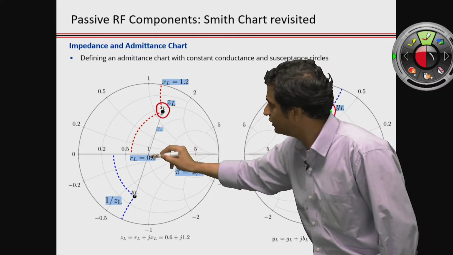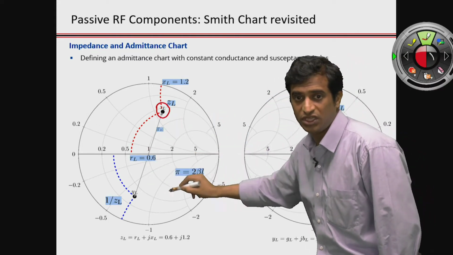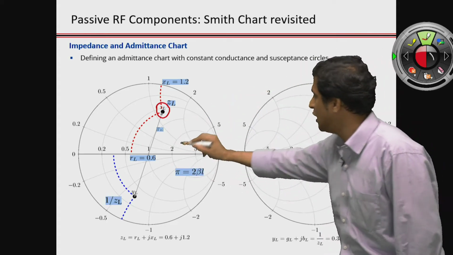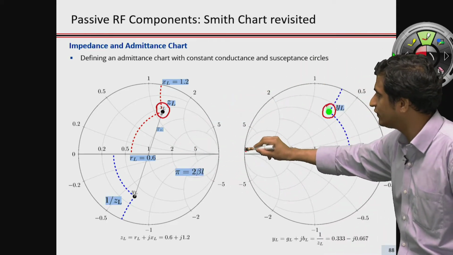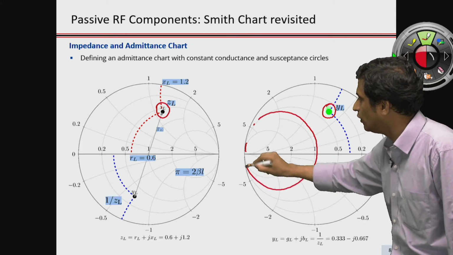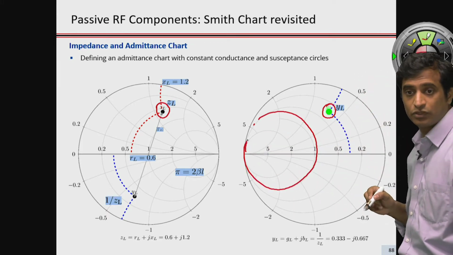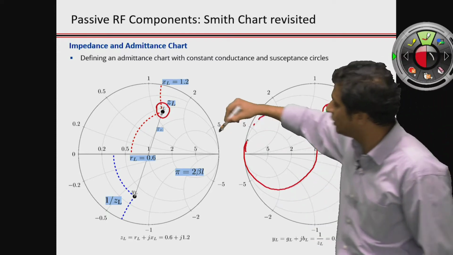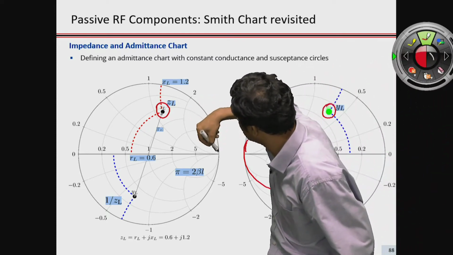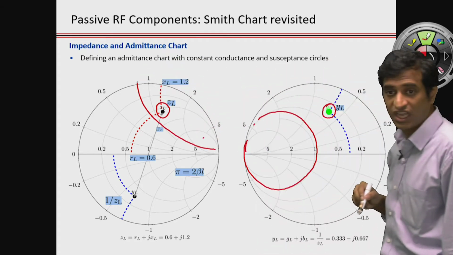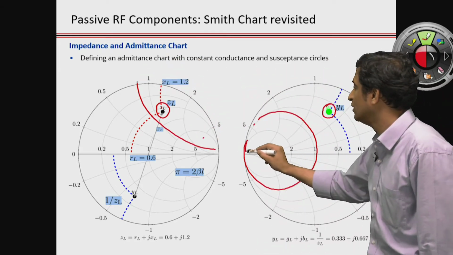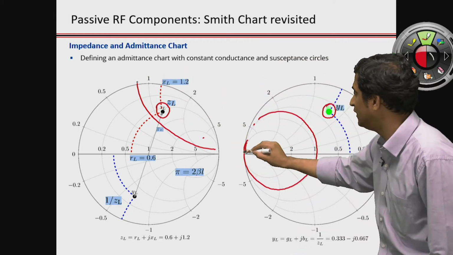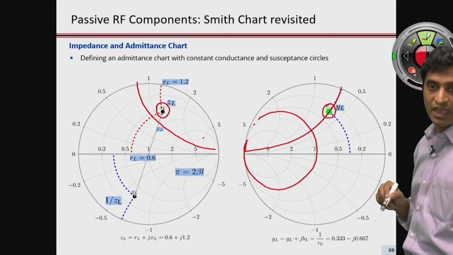So every constant resistance circle that you see in the impedance chart on the right-hand side maps to the corresponding constant conductance circle on the left side of the admittance chart. Similarly, the constant reactance curves in the impedance chart are mapped from the left to the right in the admittance chart.